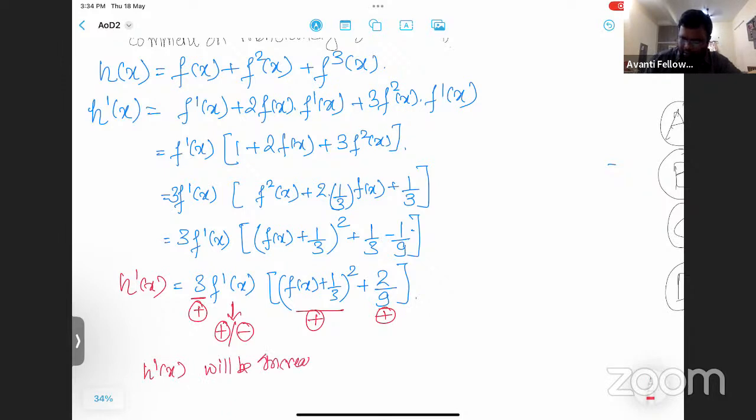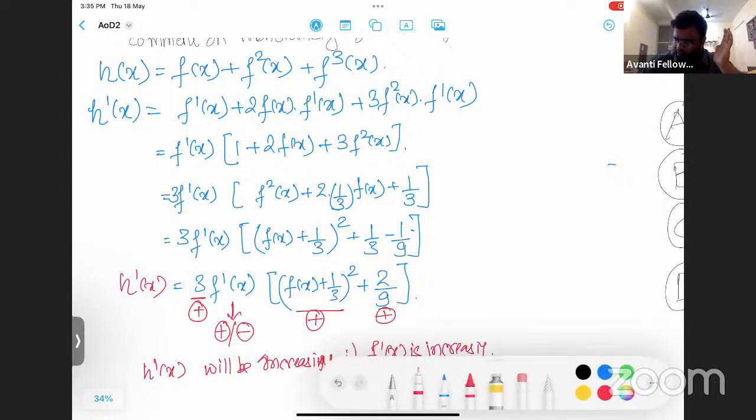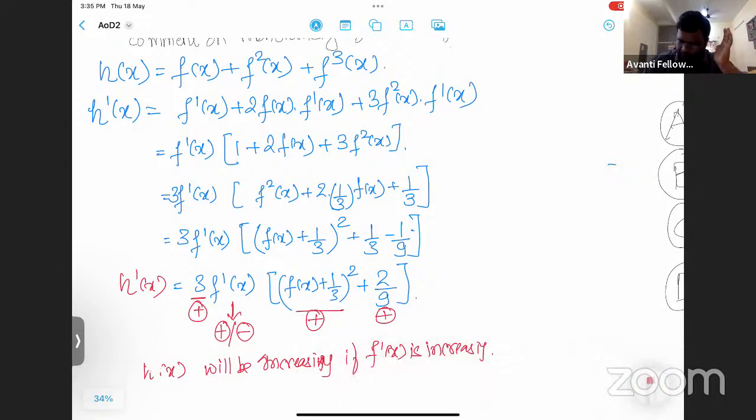So we can say h dash x will be positive if f dash x is positive, right? If f dash x is positive, then h dash x will be positive. Hence h(x), sorry, I made a small mistake here.